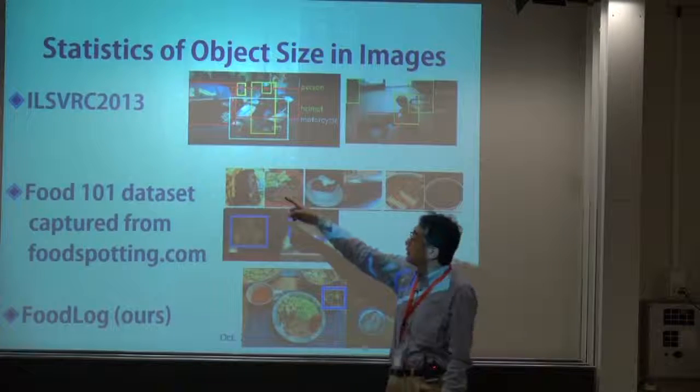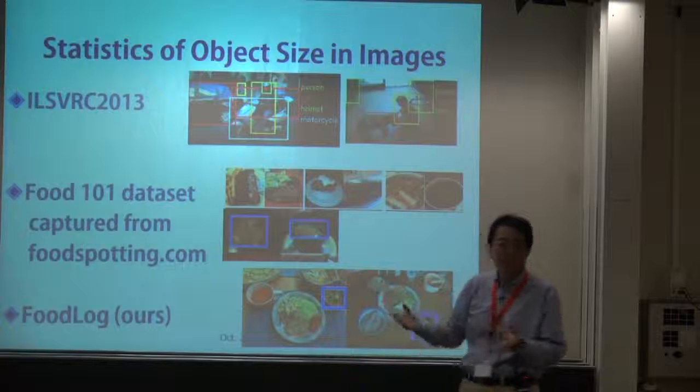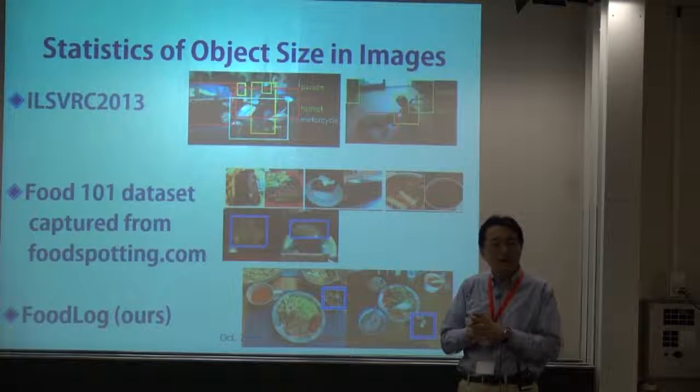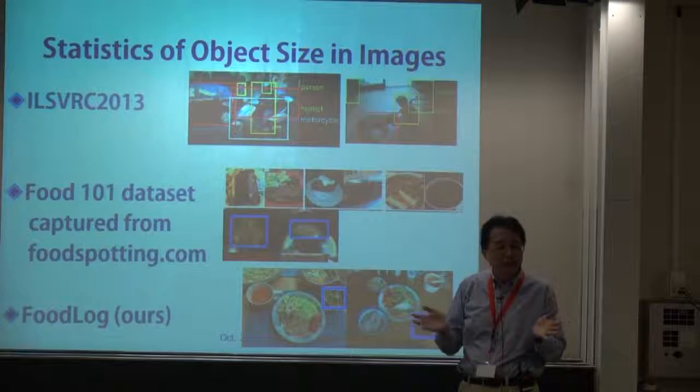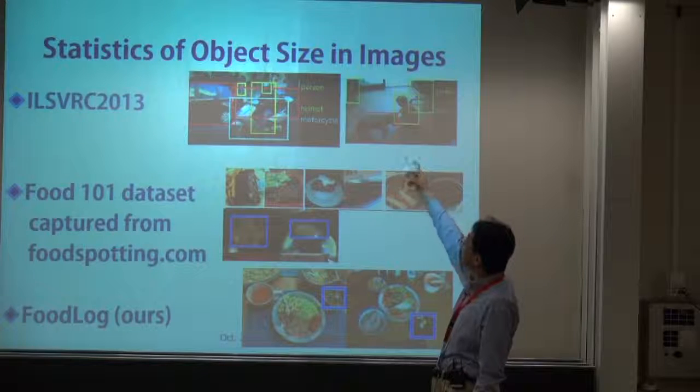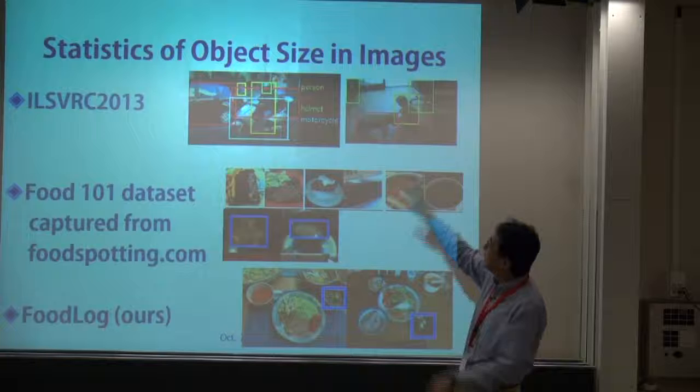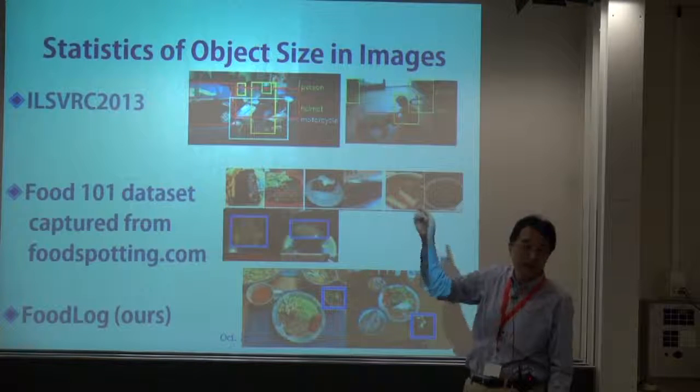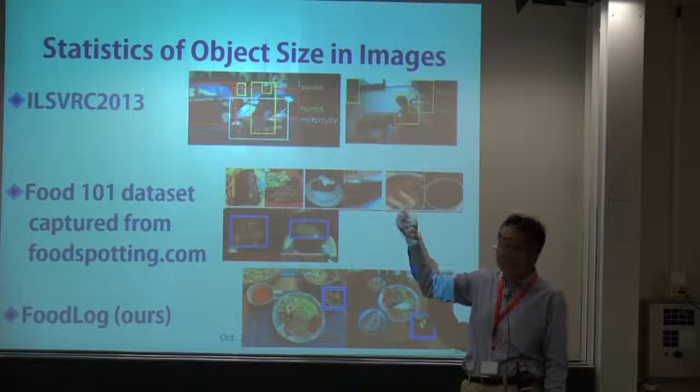ILSVRC 2013 is a famous data set of general objects. You can see people and dogs and everyday pictures in this data set.